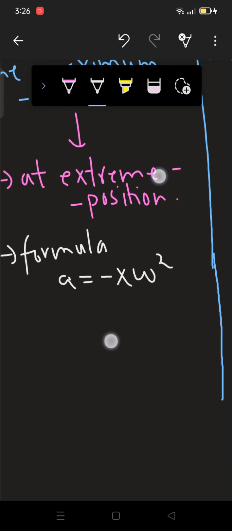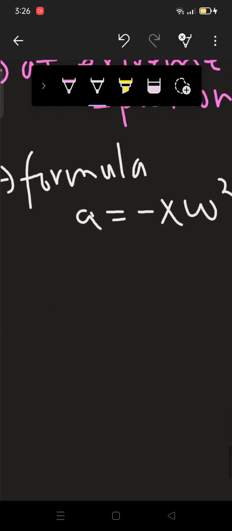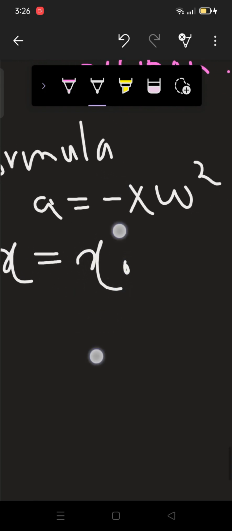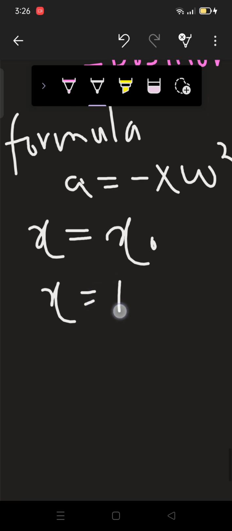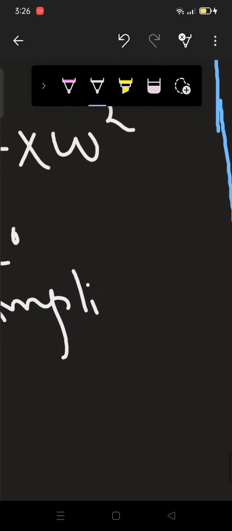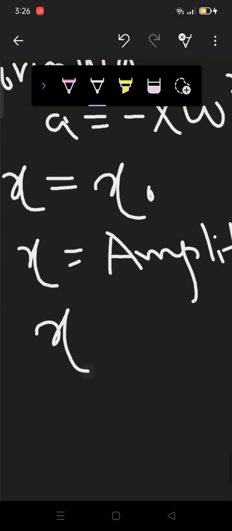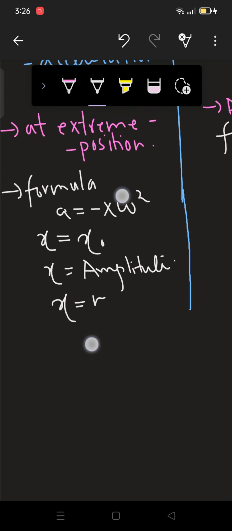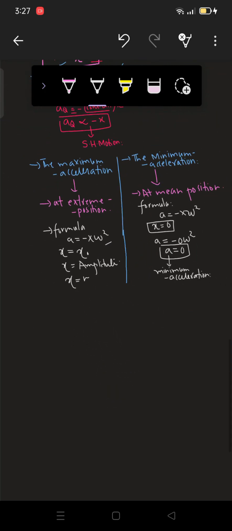So now we know that x would be equal to x naught, or you can say x would be equal to the amplitude here, since this is the maximum displacement, right? Or you can put your x is equal to r, then you're going to substitute your value in this formula and you're going to find your maximum acceleration.